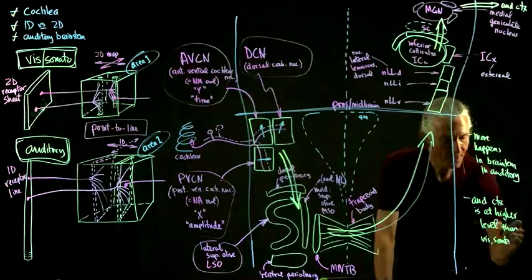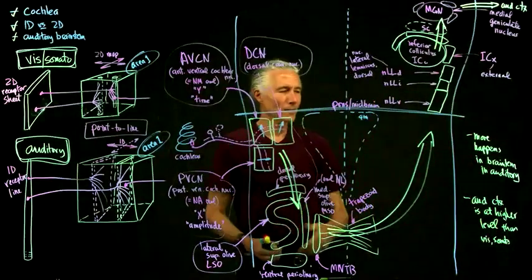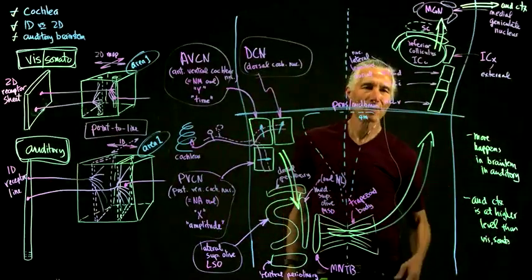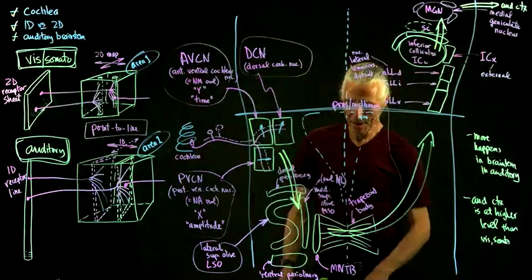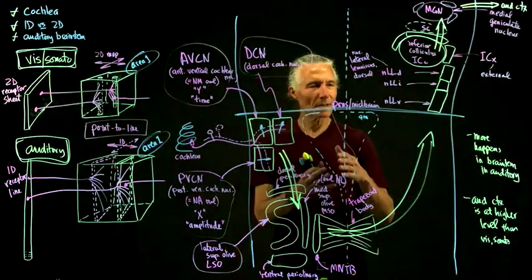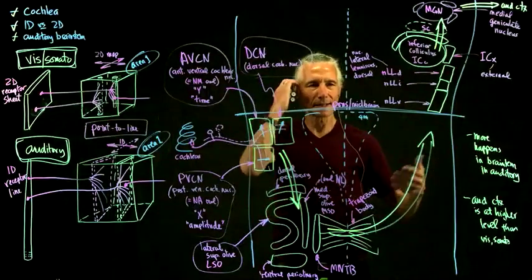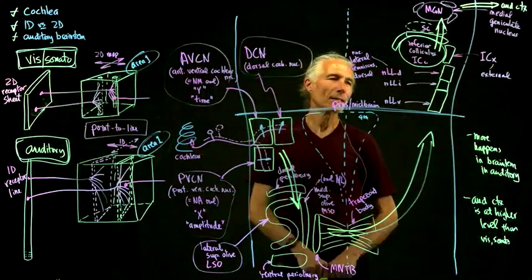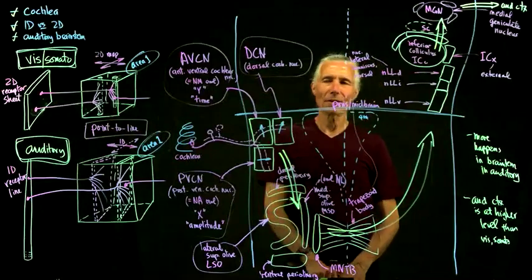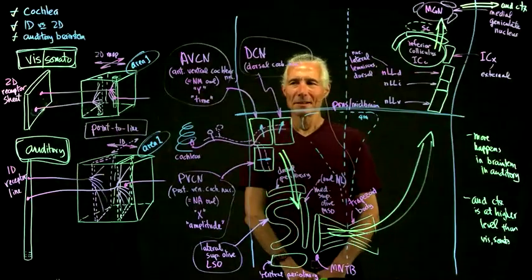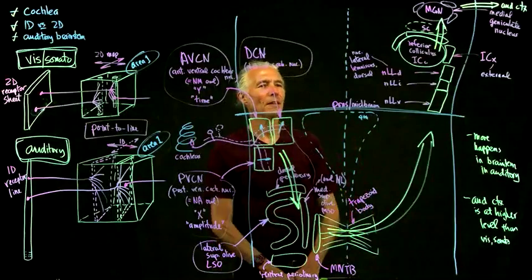So more stuff has been done to the signal before you get up to the cortex. There's, of course, stages in the cortex. We'll see that there's multiple stages in the cortex, just like there are in the visual system and the somatosensory system. But you're starting from kind of like a more processed starting point.